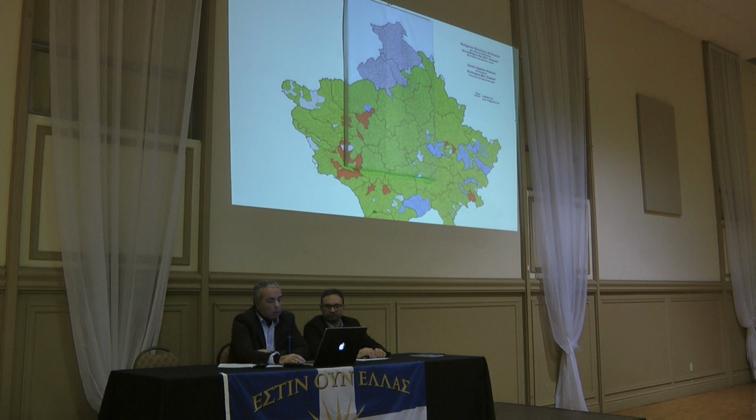The red color is Montenegrin, the blue one is Serbia. The green color are Muslims. You see the position in the map? So in fact, we have the Albanian Muslims together on the same side.